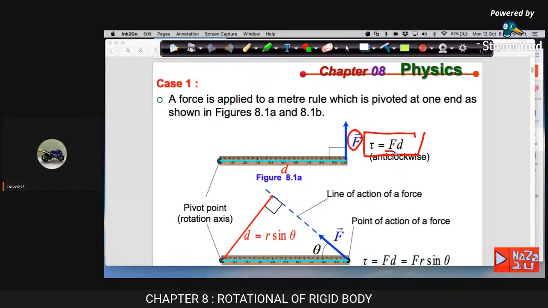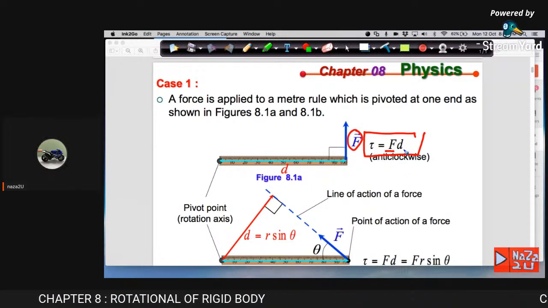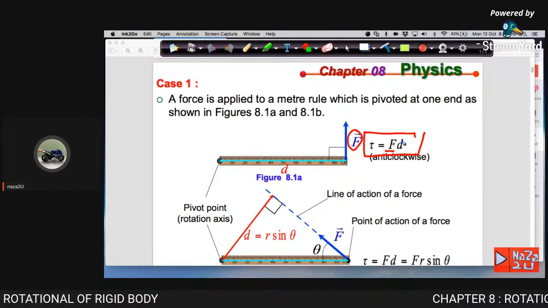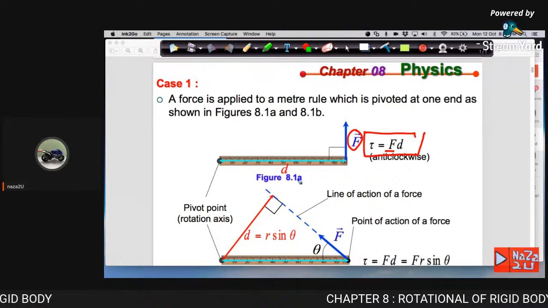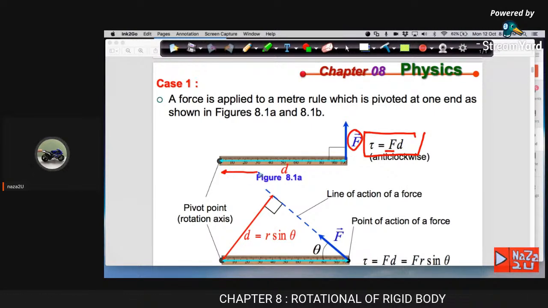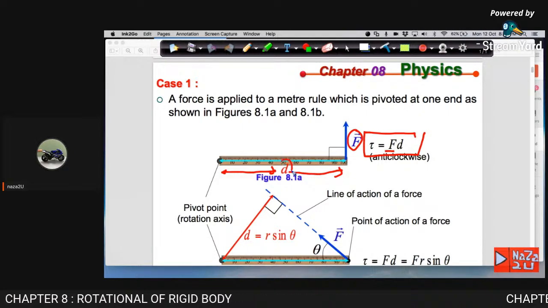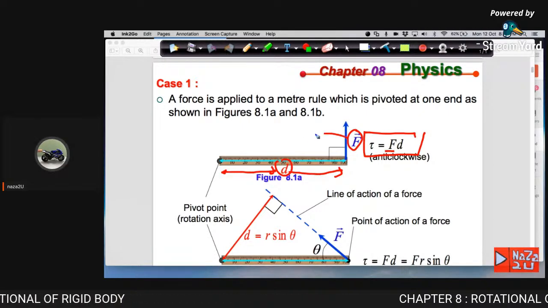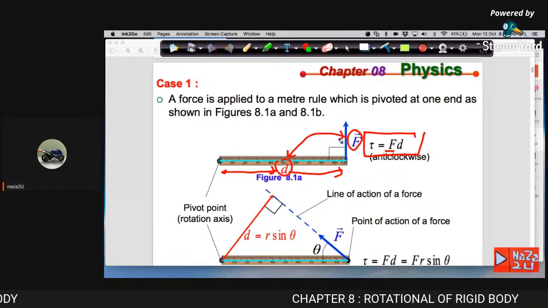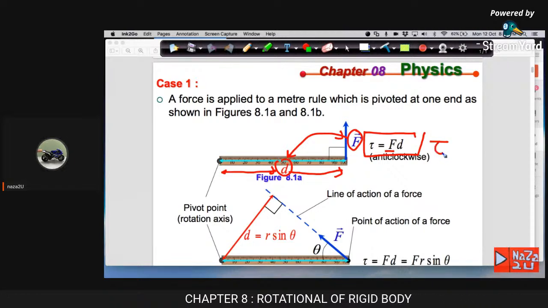So we have a force. And the next, times D. So as I said earlier, D is the distance between the pivot point and the force F. So force times D is equal to torque.